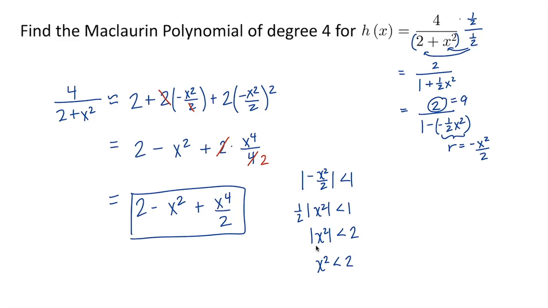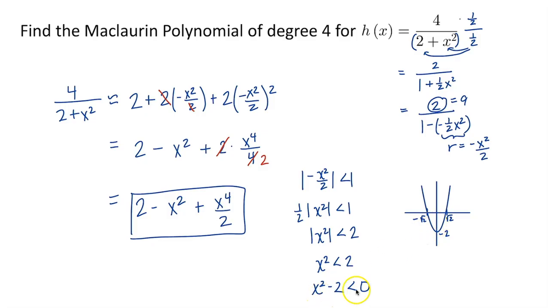When we have a quadratic inequality, we typically want to do this with a graph or a number line. So I'm going to think about it as x squared minus 2 is less than 0. I'm going to subtract that 2 to the other side. And so I'm going to do a quick sketch of x squared minus 2. That's a parabola shifted down 2 units. So here's a quick sketch. The y-intercept would be down at -2, and the x-intercepts are going to be plus or minus radical 2.